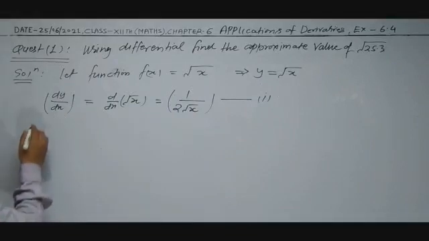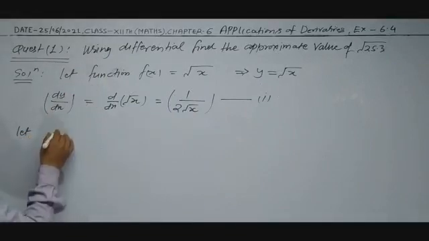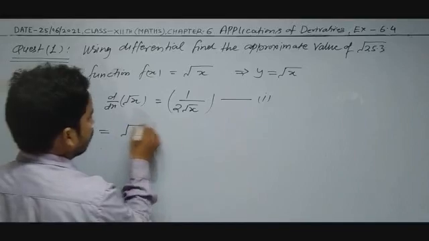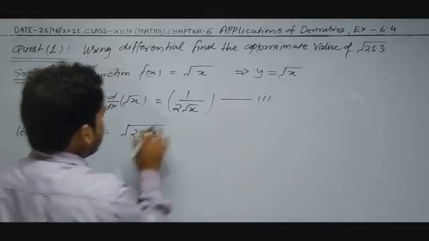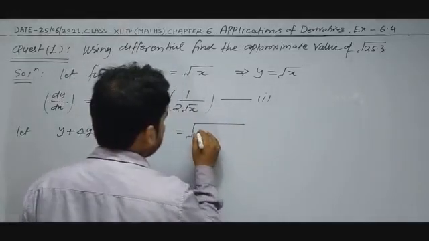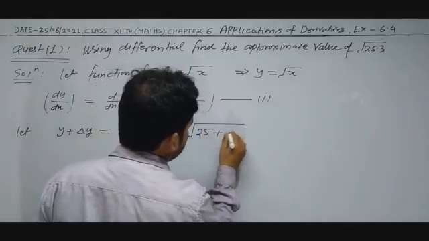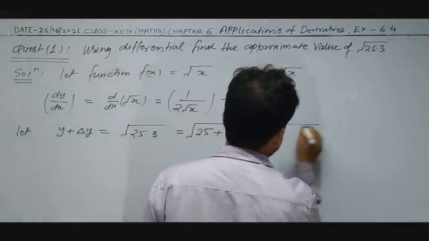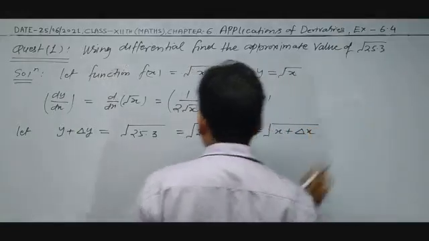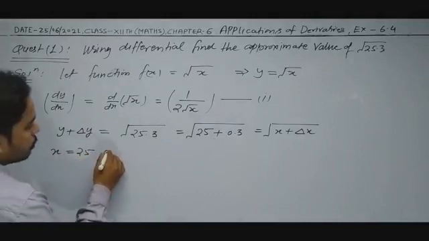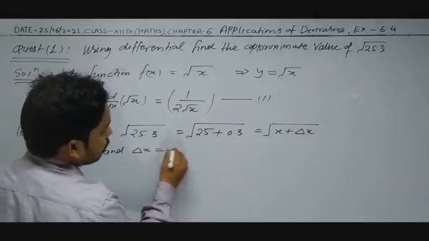Now let y plus del y be equal to root over 25.3, and this expression you can consider as 25 plus 0.3, which is of the format x plus del x. When you compare, you get x is equal to 25 and del x is equal to 0.3.